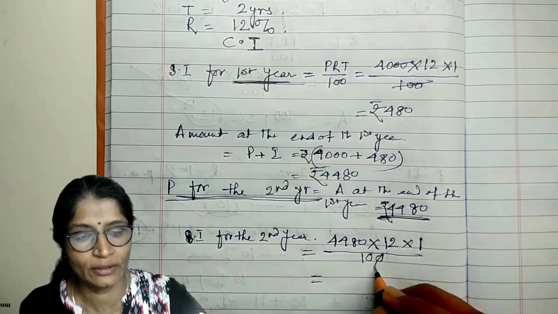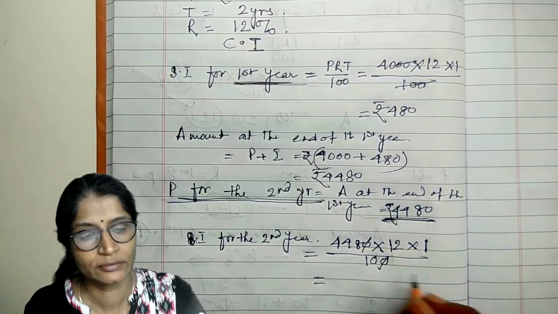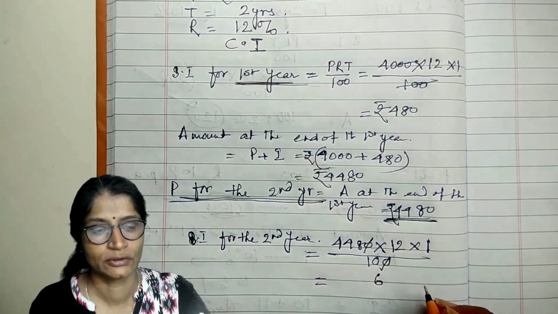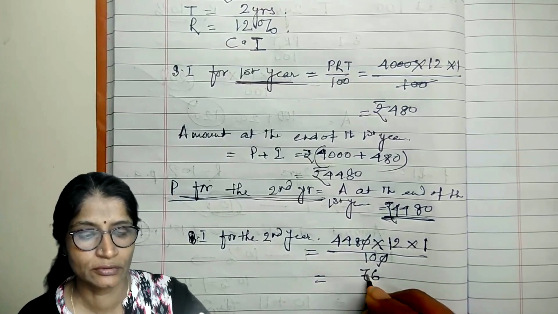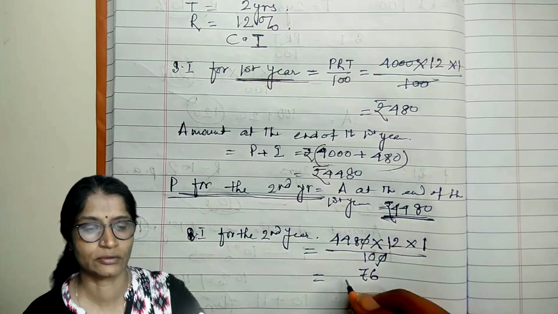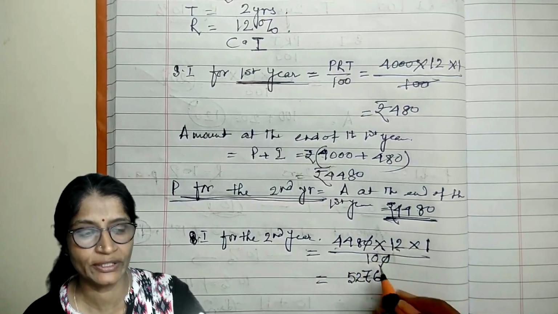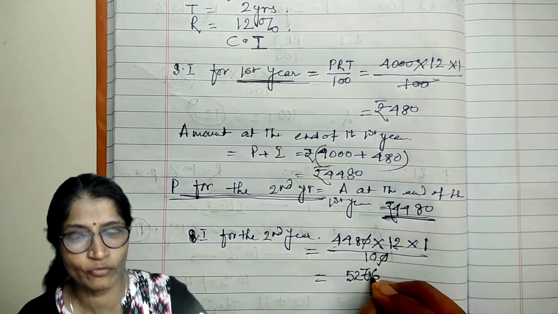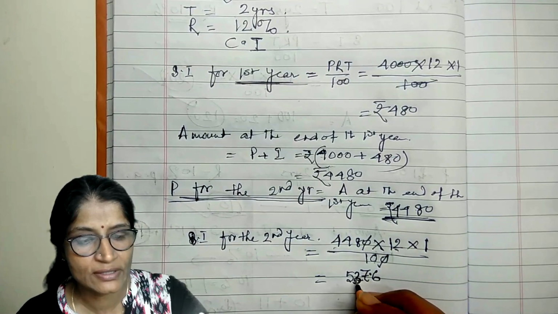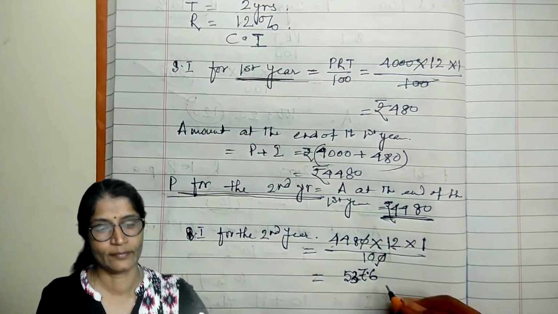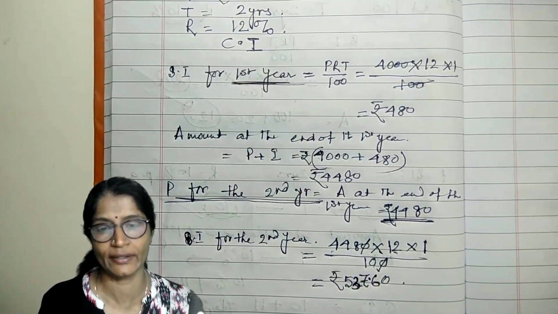So this will be cancelled, and this 12 multiplied by this, you will get this, and after that 1 decimal. So 537.6. Okay, so this is the interest for the second year.